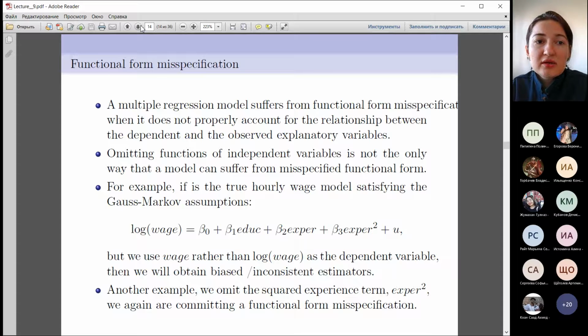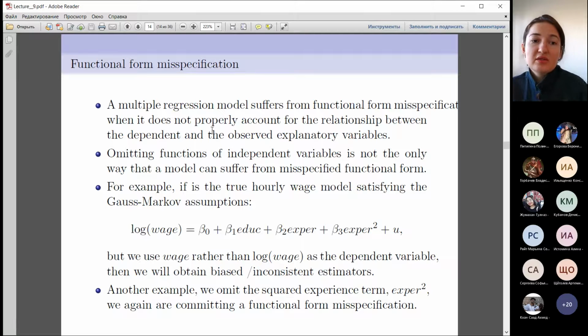So now let's talk about the functional form specification. You should remember that this discussion is more about multiple regression models when we have different variables. A multiple regression model in many cases could suffer from functional form misspecification.